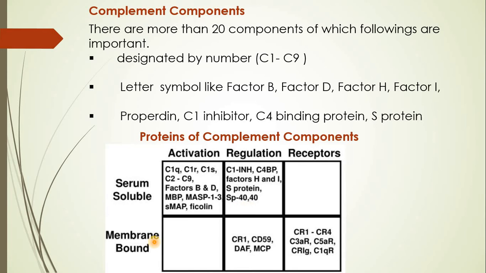Further, if I talk about membrane bound proteins, here they are seen as the regulatory proteins, and they are CR1. CR refers to complement receptor, because they are present on the surface of the cell. We call it complement receptor. Then other than that, CD59, CD being cluster of differentiation 59, DAF and MCP.